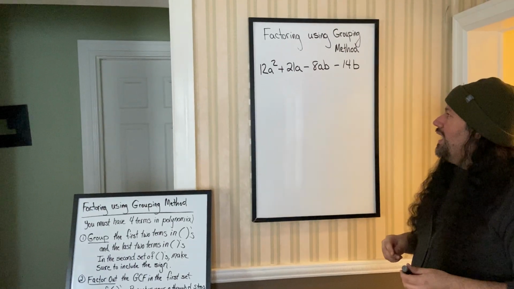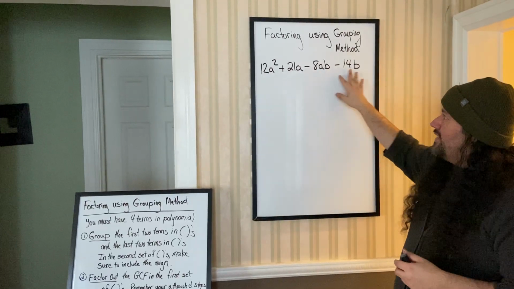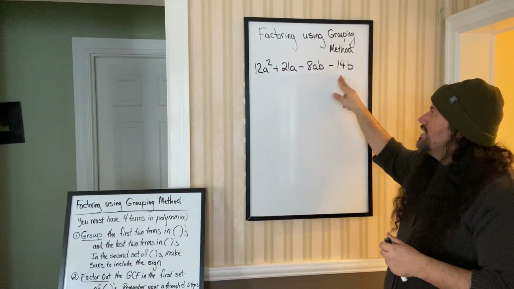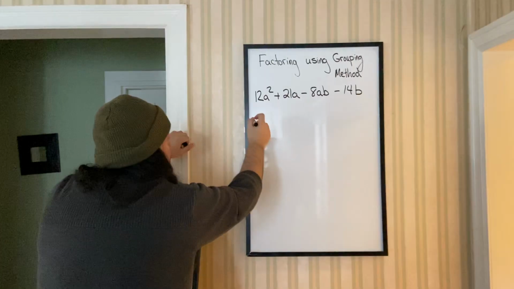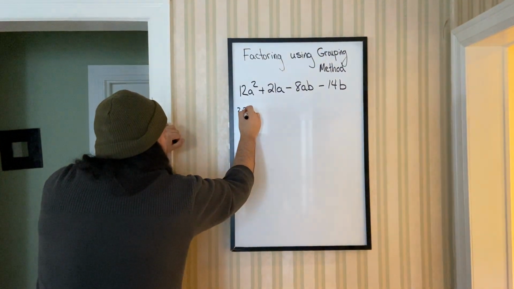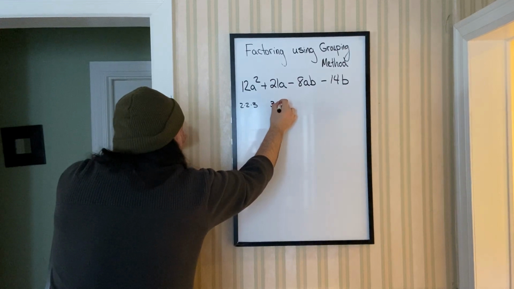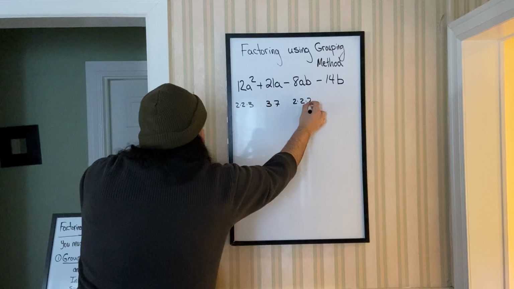C, do we have a common number? Now, some people are able to see yes or no, but if you don't see it, take each of the coefficients and do a tree diagram. To save a little time, I'll tell you if you did 12, that's going to be 2 times 2 times 3. 21 is just 3 times 7. 8 is 2 times 2 times 2.